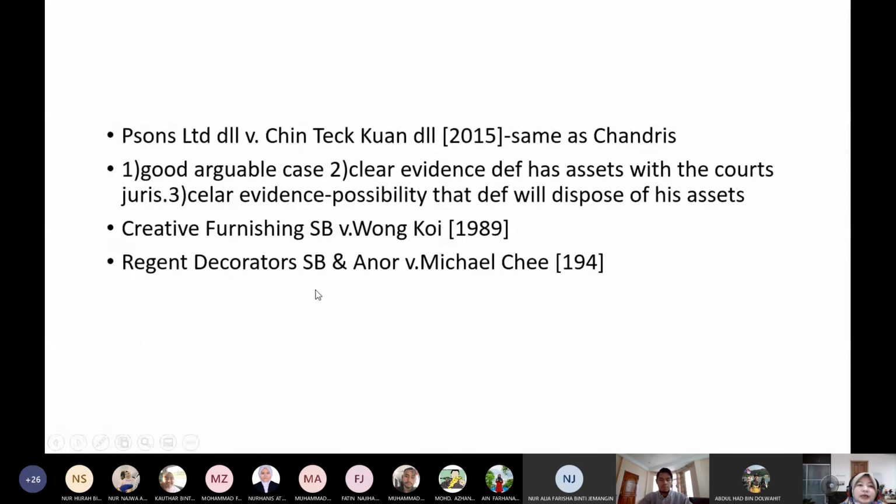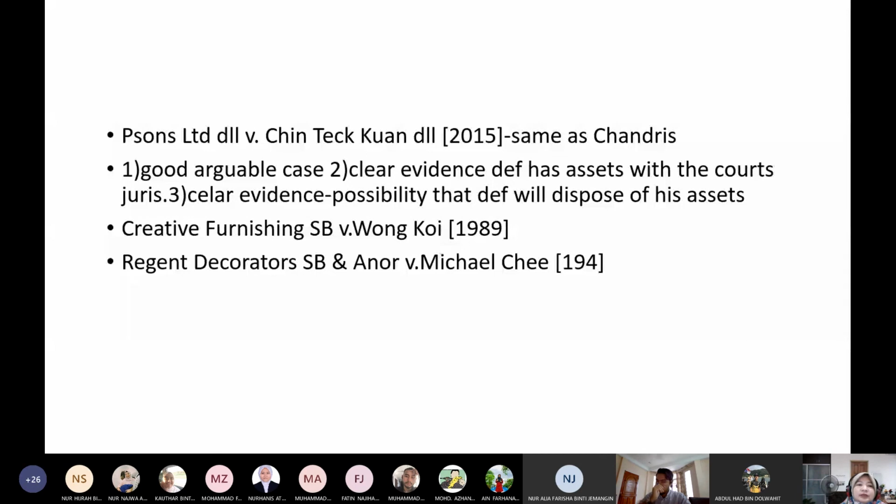These are the cases that you must know: Peasants Limited and Chin Teck Kwan. The requirements are the same as in the case of Chandris. You must have a good arguable case against the defendant. You must show clear evidence that the defendant has assets within the jurisdiction of the court.